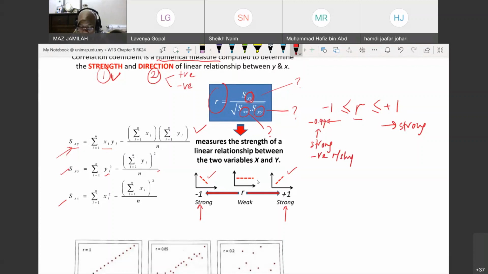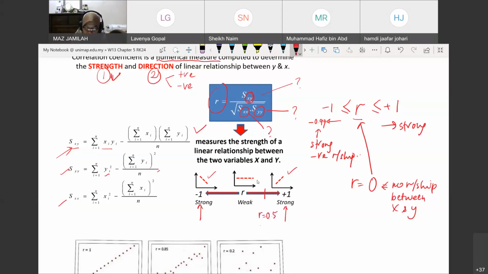Now, what if it is in the middle? What will be my middle value? 0 is my middle value. If your R is equal to 0, it means there is no relationship between X and Y. What if my R is equal to 0.5?